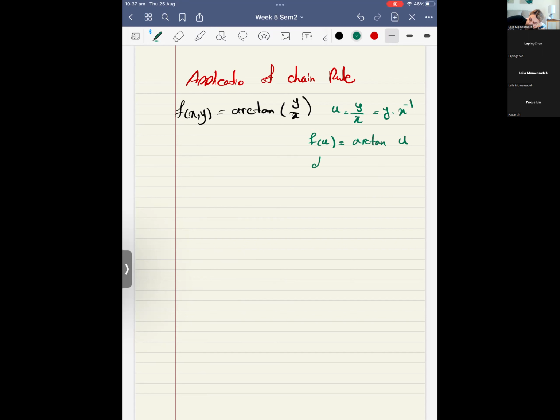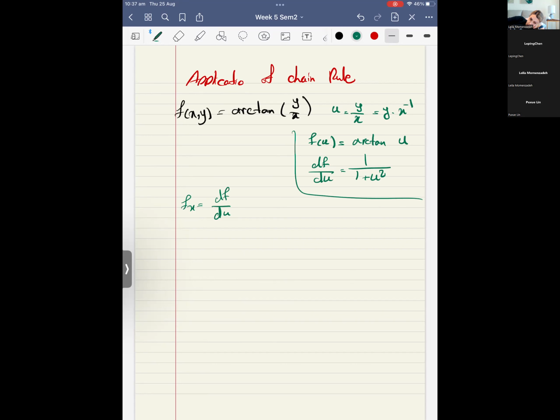And you know that df over du for the arc tangent would be 1 over 1 plus u squared, from Math 1110. You know that one.